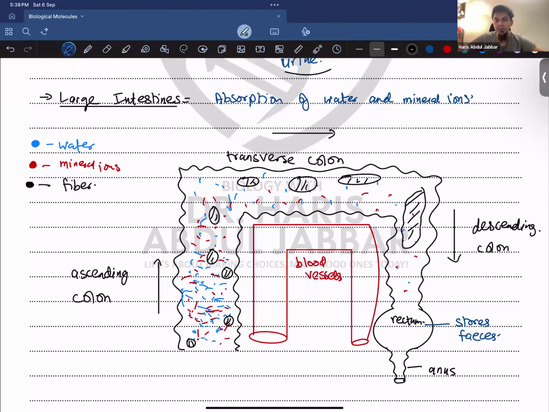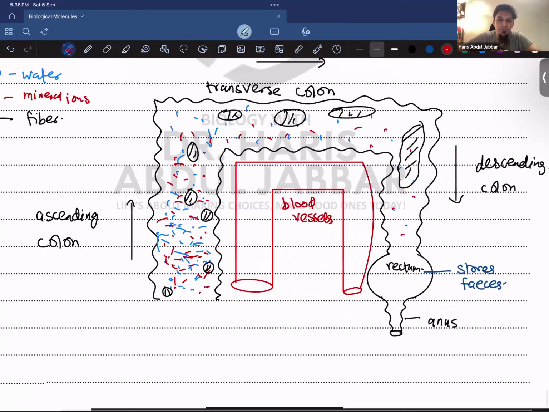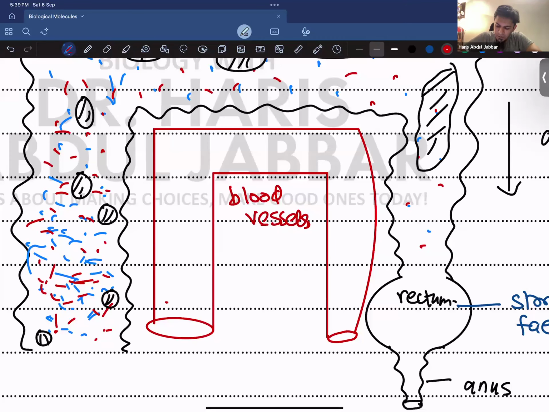अच्छा, अब देखो होता क्या है। Let's have a look at our blood vessels here. These blood vessels throughout have a high concentration of mineral ions.